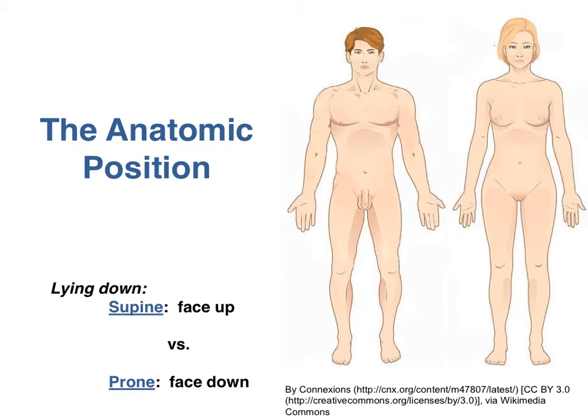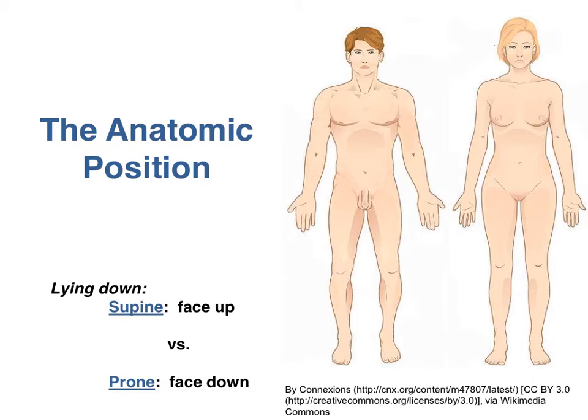Anatomical directions are always given with reference to the anatomical position, and that's what you're seeing here. Hands down, palms facing forward, looking forward, slightly raised on your toes, with your feet just slightly raised up.